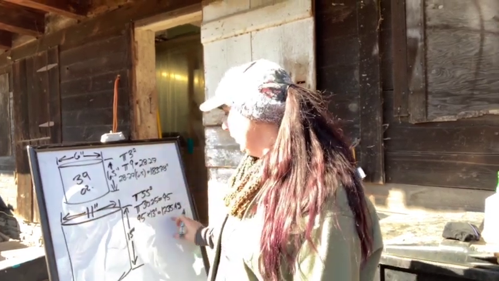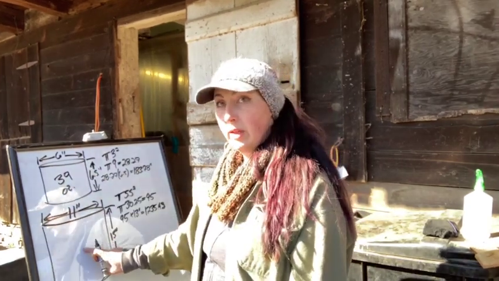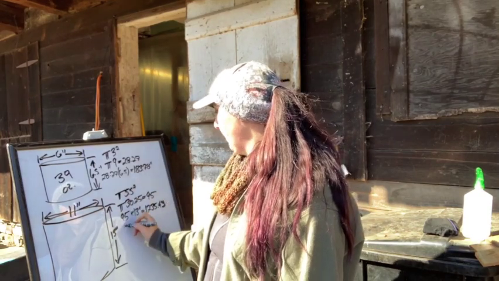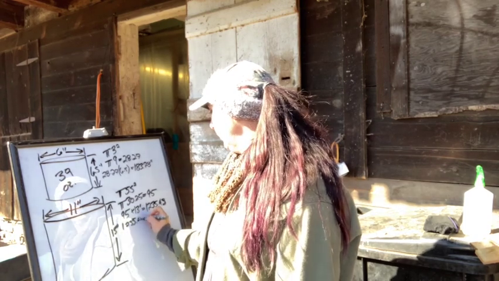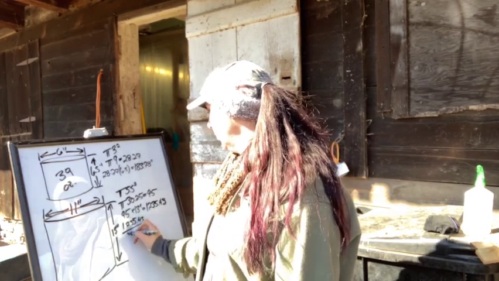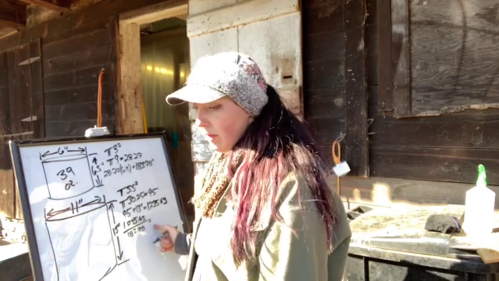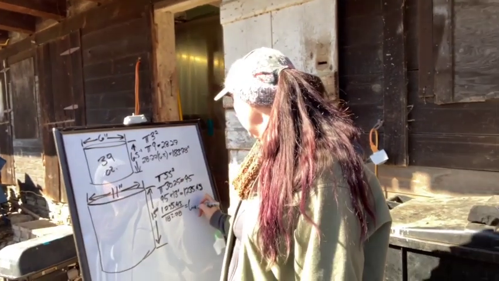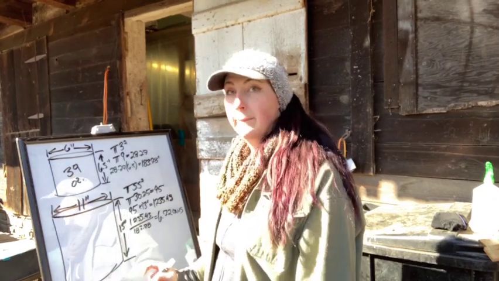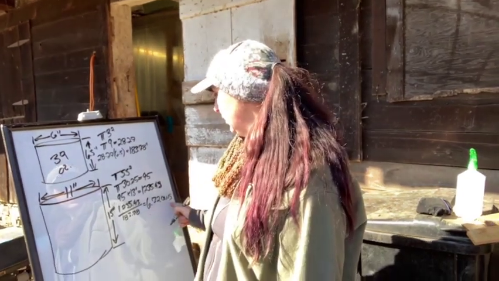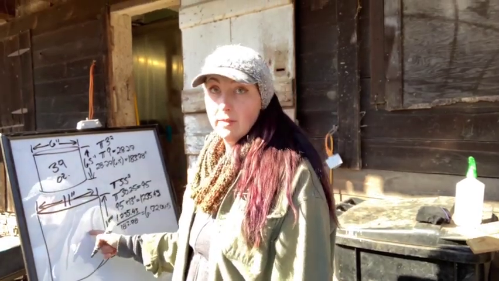So we then figure out how many times this can goes into this bucket. We'll do 1,235.43 divided by 183.78, and that will equal out to 6.72 cans. That's how many cans will fit into this bucket.